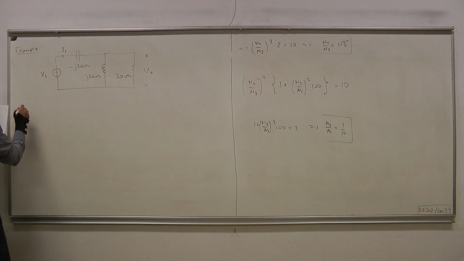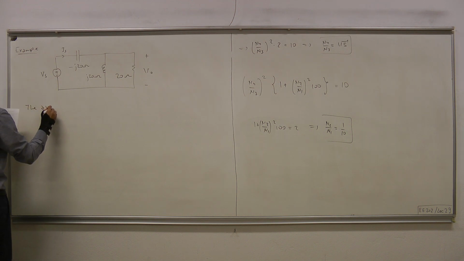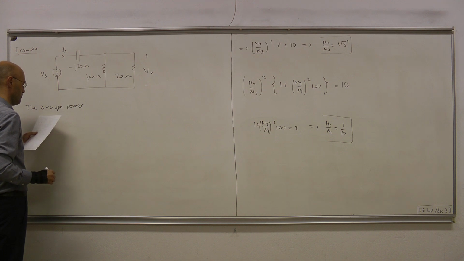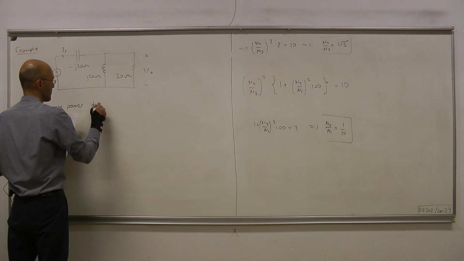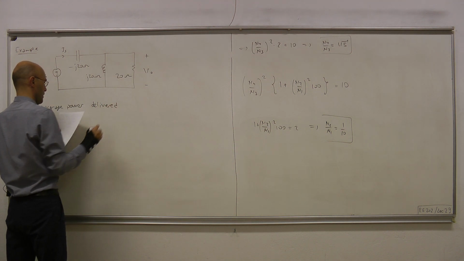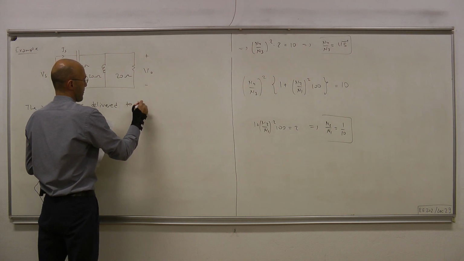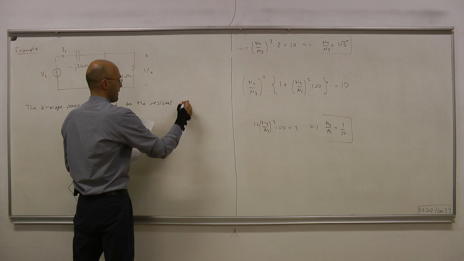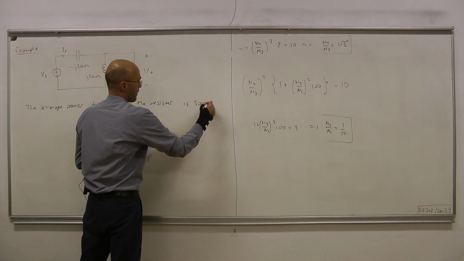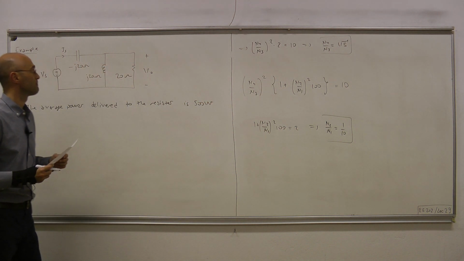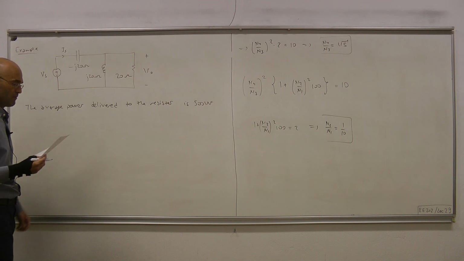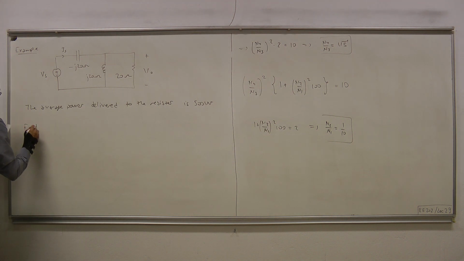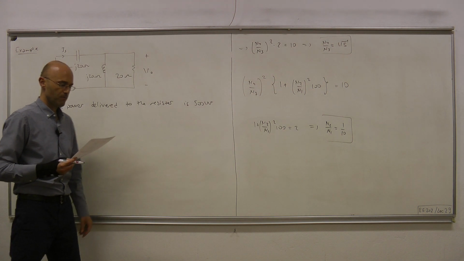Now, we're told that the average power delivered to the resistor is 500 watts.